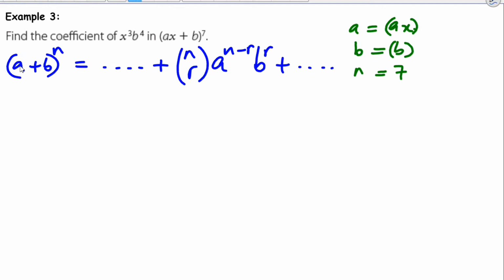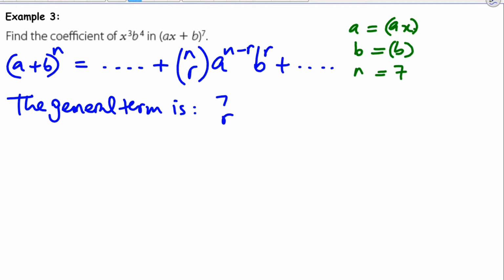Okay, so the general term will be, we just need to plug those into the general term formula. So that will be 7Cr, (ax) to the power of 7 minus r, and b to power r.